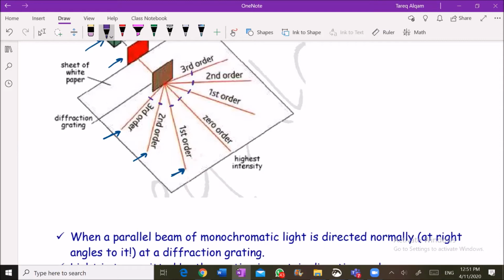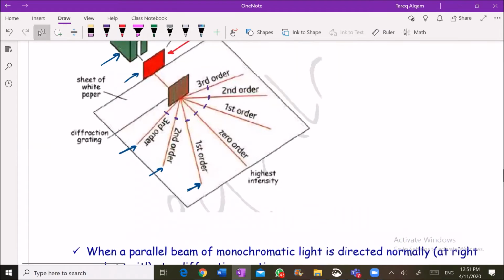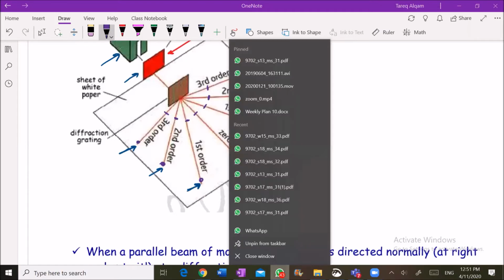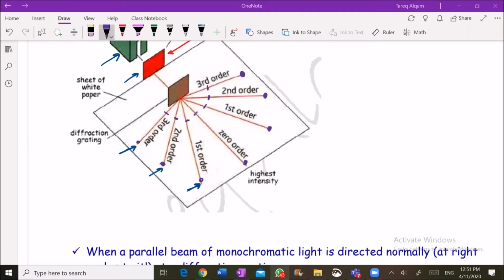As a result of this diffraction, the waves will interfere and produce bright spots, bright lines. These bright lines are a result of constructive interference. The spaces between these lines are a result of destructive interference.